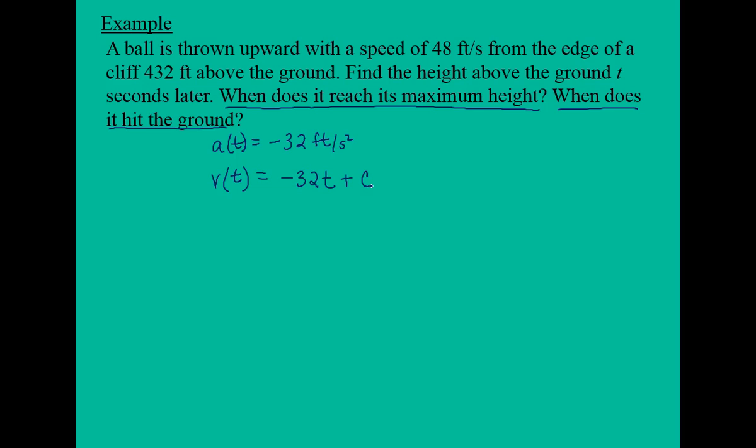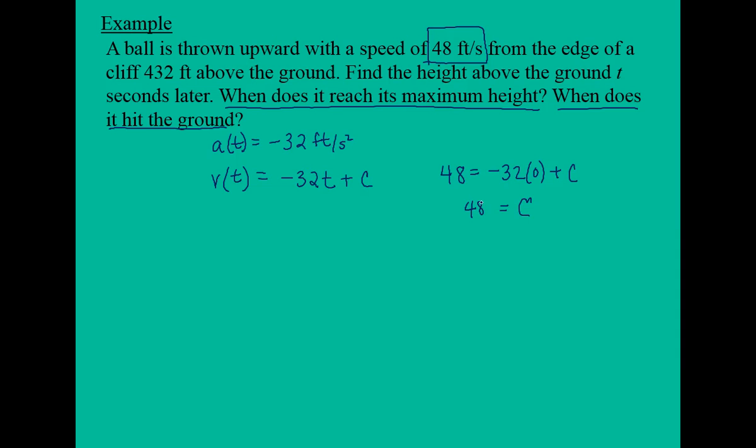Now it gave us an initial condition. It says we're throwing this up at an initial velocity of 48 feet per second. So our velocity at time equals 0 would be 48. So c equals 48.